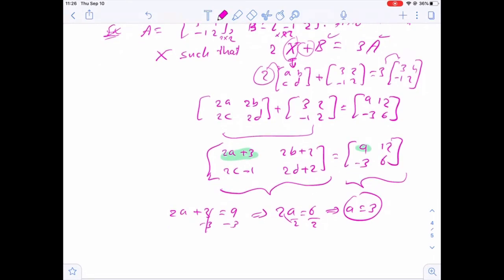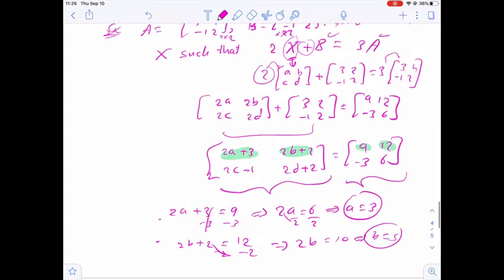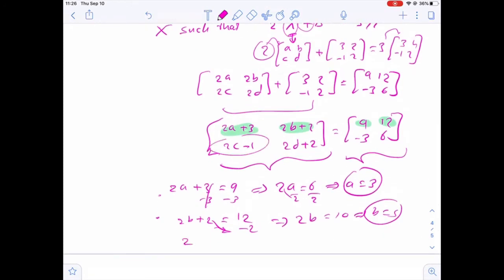Now we want to find b: 2b plus 2 equals 12, then we subtract 2, we get 2b equals 10, that means b equals 5. Now 2c minus 1 is equal to negative 3, we add 1, we get 2c equals negative 2, that means c is negative 1.